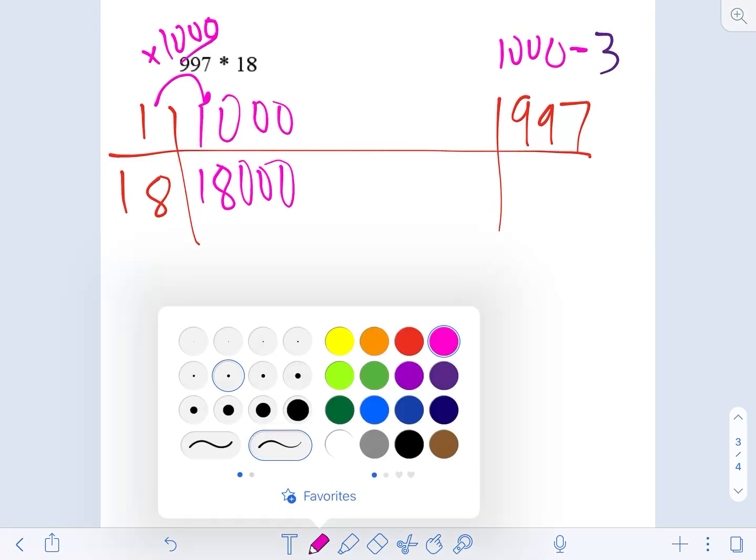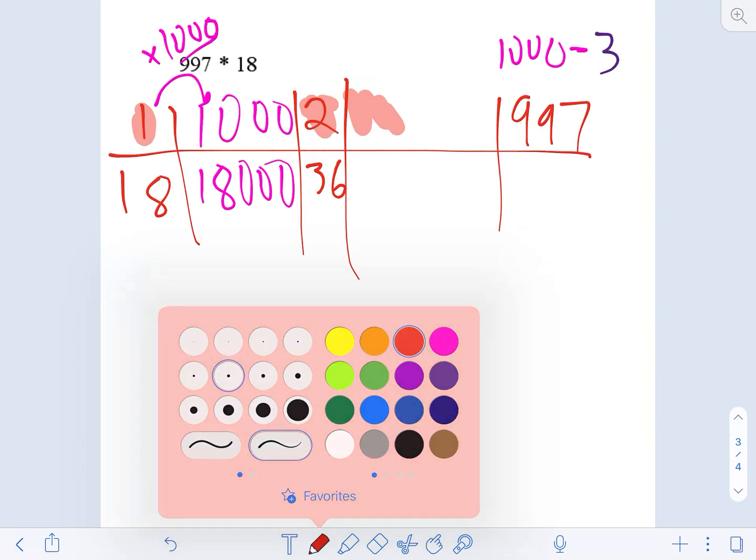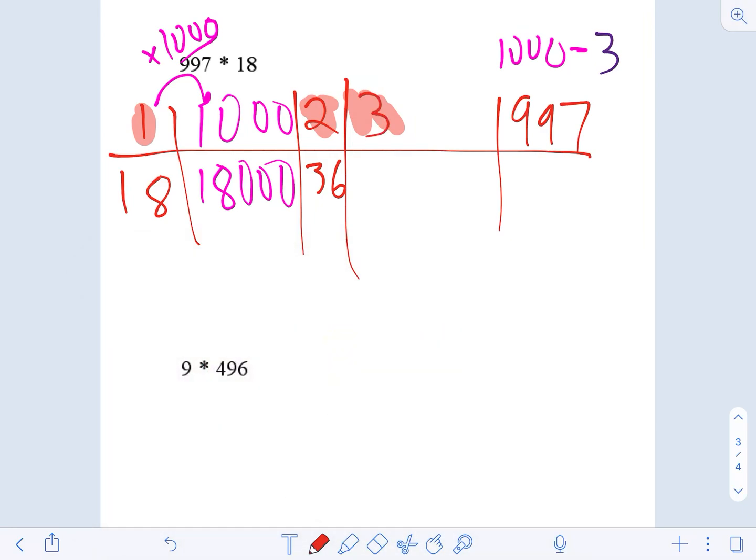Oh, but now we need 3. Ooh, I don't know what 18 times 3 is. Well, there's no problem. You can either figure it out, or you can just say, hey, look, I know what 18 times 2 is. That's 36. This is you building relationships. And then 1 plus 2 is, there it is, 3.